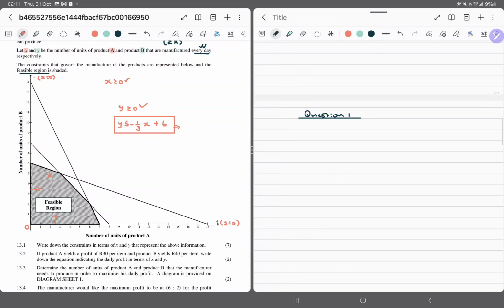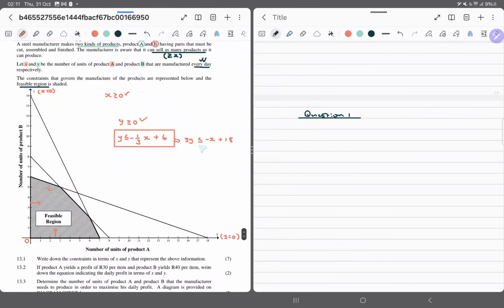If we multiply throughout, what do we get? We get 3y less than or equal to minus x plus 6 by 3 is 18. Now we normally transpose because we're producing two things, so they must add together. So we can say 3x, we transpose this, and we can easily say this is x plus 3y less than or equal to 18.